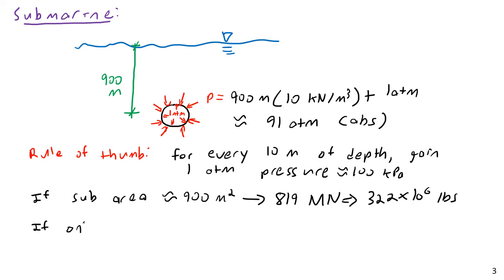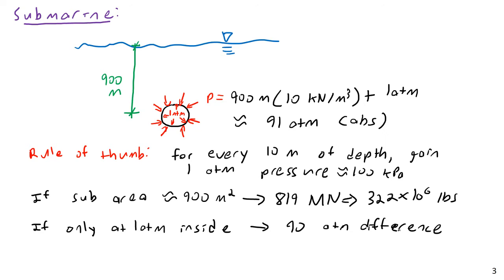However, if it's only at 1 atmosphere inside, then there is a 90 atmosphere difference. There's going to be 90 atmospheres of pressure difference between the outside and the inside.